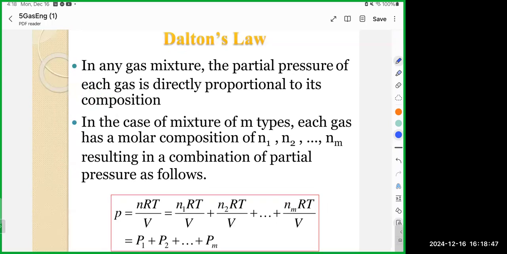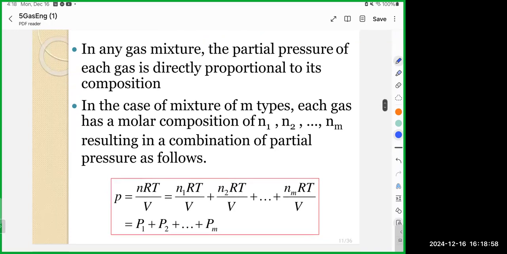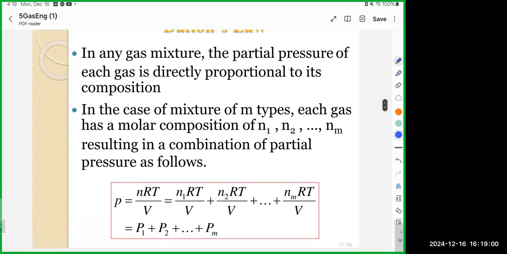You can find the partial pressure of each gas in the gas mixture. For example, the total pressure is equal to nRT by V from the ideal gas law.